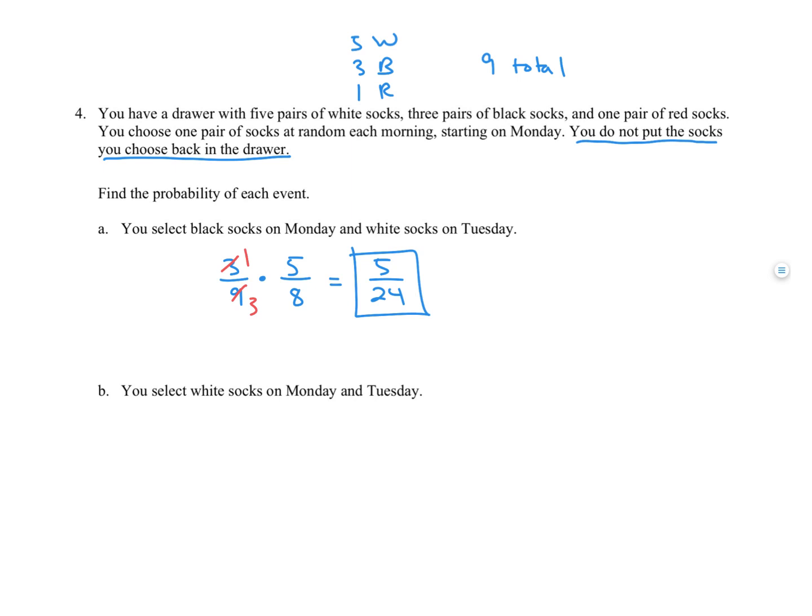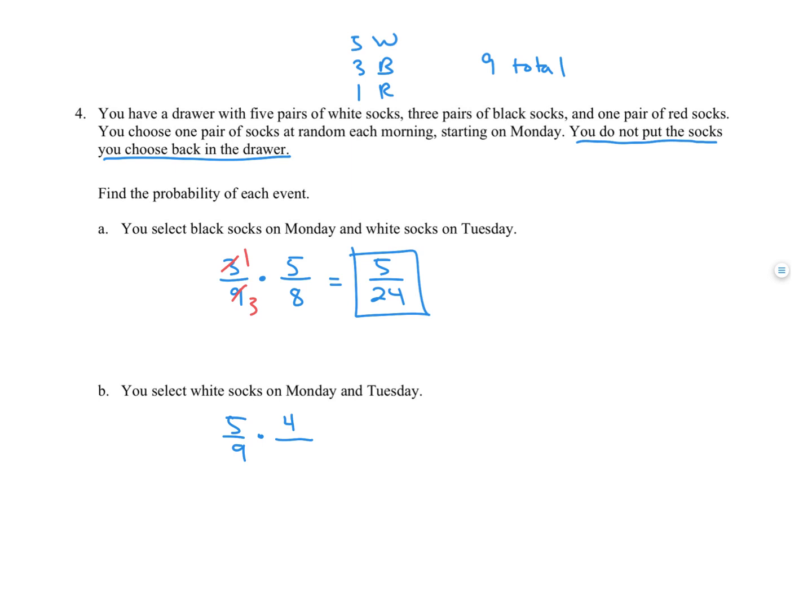The probability that you select white socks on Monday and Tuesday. The probability of white socks on Monday is going to be 5 out of 9. But on the second day, you've already worn a pair of white socks and you didn't put them back in the drawer, which means you only have 4 pairs of white socks left in the drawer for Tuesday.